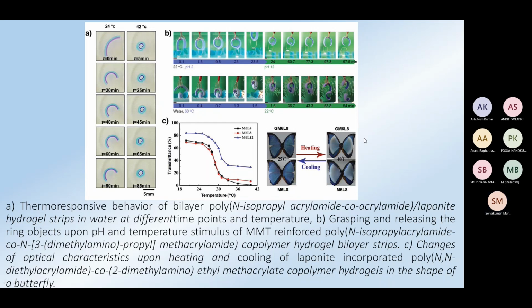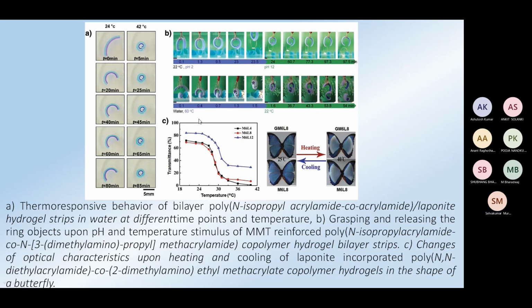The second one shows examples of collapsing and releasing a ring object upon changing the pH and temperature of the hydrogel sample. Here this is temperature 22 and this is temperature 60 degrees Celsius.